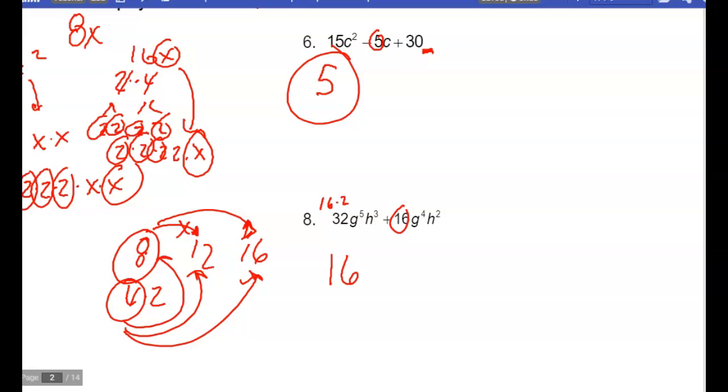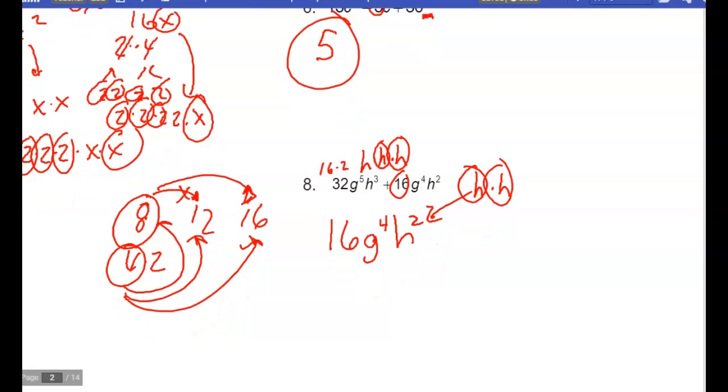Well, I look at my g's, I've got a 4th and a 5th. So they both have at least 4 g's in common. And how many h's do they have in common? 2, because h squared here, h cubed there. That would be h times h over here, h times h times h over here. So how many h's do we have in common? 2.